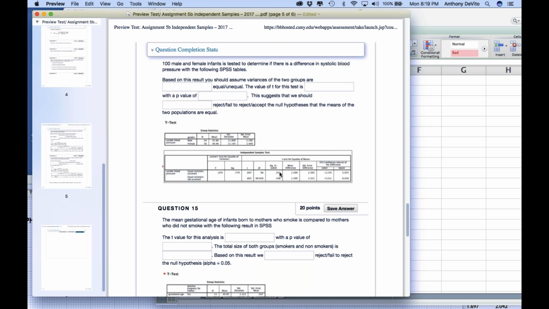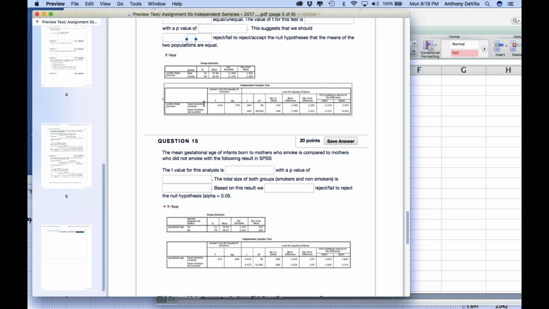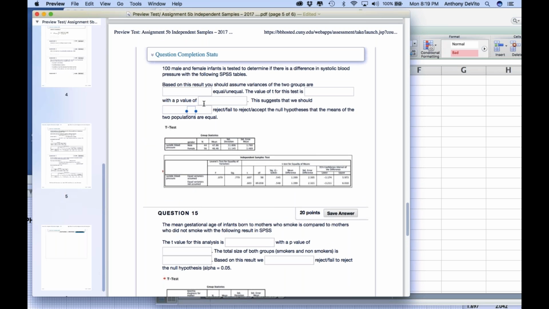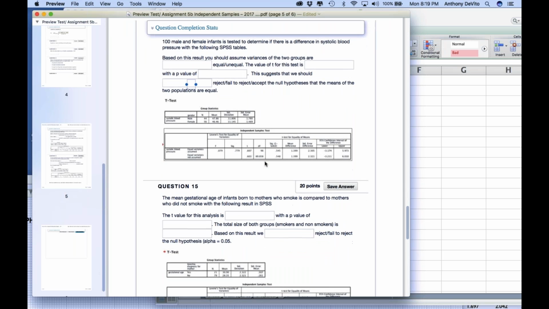So 0.545 is bigger than 0.05, so we fail to reject the null hypothesis for question 14. You comfortable with that? The t-value is way less than the critical value of t, which for a big sample size would probably be pretty close to 1.96, and the p-value is way bigger than 0.05. So there's more than a 5% chance we'd be wrong to reject the null hypothesis.